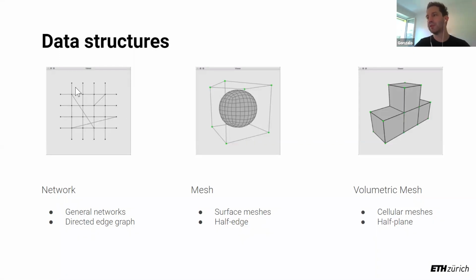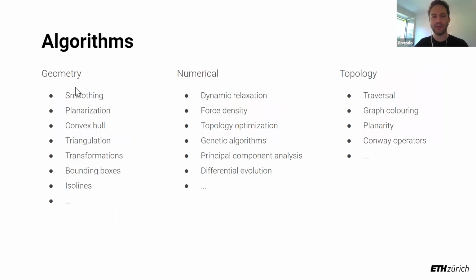The main one is a network or a graph. The other one that we use all the time is a mesh, and then there's a volumetric mesh as well. Over time we are adding a few more, but these remain the main ones. And on top of that, there are plenty of algorithms to work with.